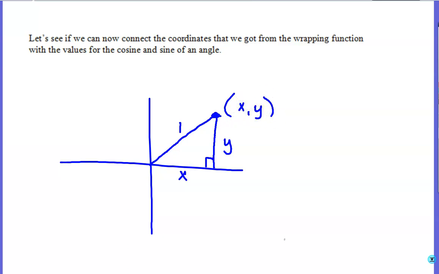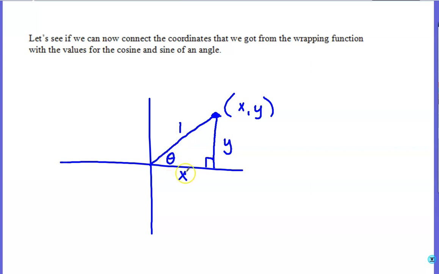Okay, so if we wrap a particular angle, we have to know that angle. If we go a particular angle, let's see if we can figure out how to get x and y using trig. Okay, well, if we know theta, let's just get x. So if we want to solve for x, we would use x and the side we know, which is the hypotenuse, and the theta. So what are those two sides? Where are they located in terms of this angle theta?